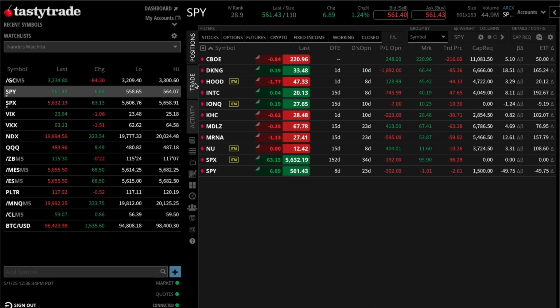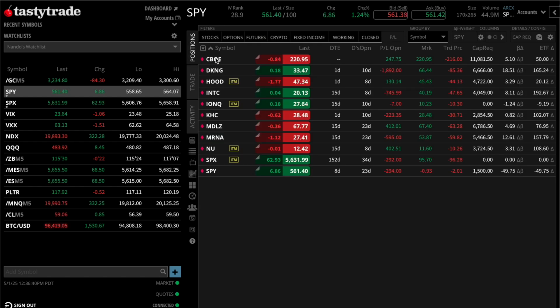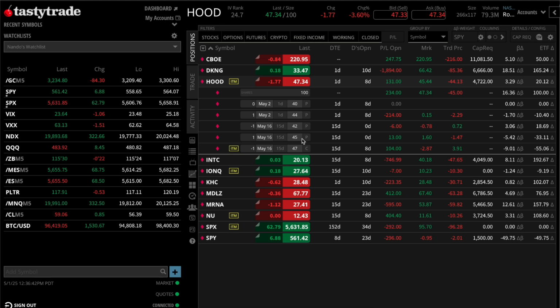Not only am I paying less to insure it this way, but I can also sell calls against the positions. For example, in Hood, I have 100 shares of Hood, and I sold the 47 call. I sold that for almost $4. This is $391, which represents $390.